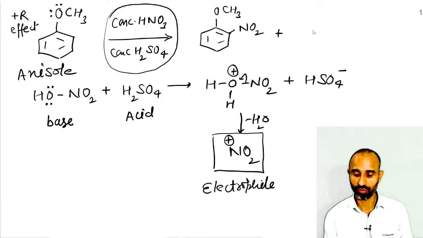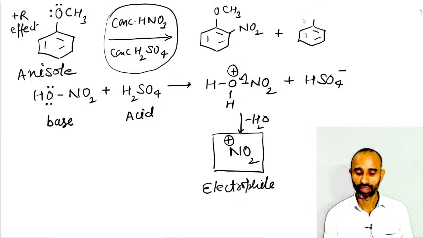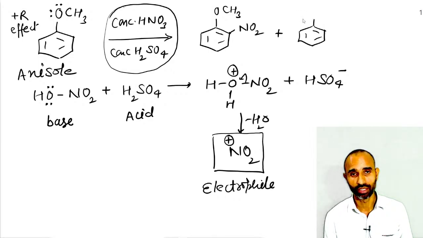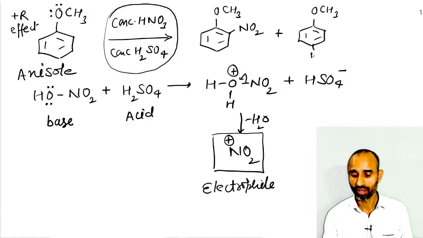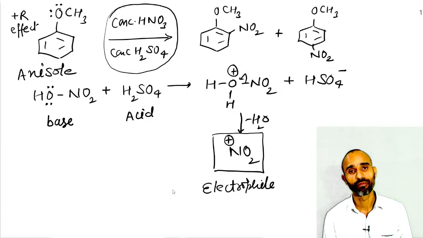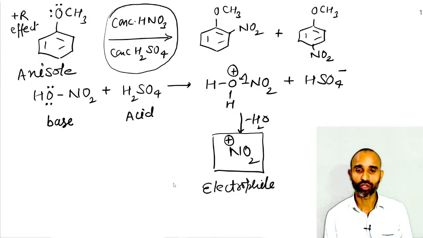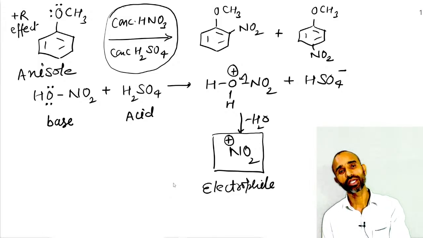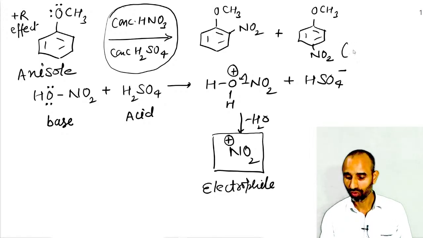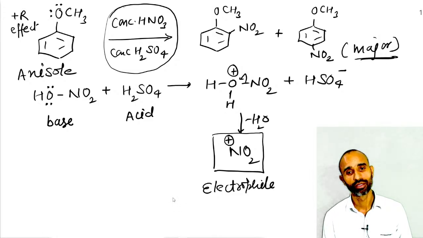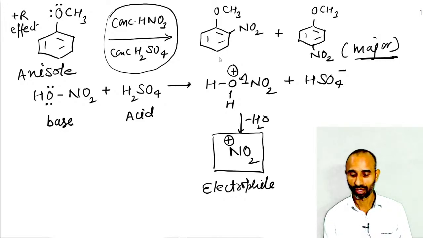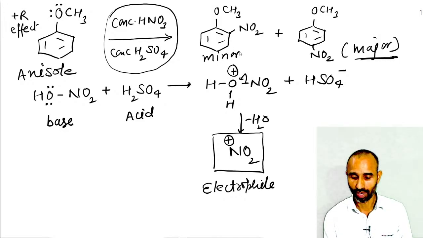Ortho and para position, because that will be directed by the plus R effect of OCH3. Any group which has a plus R effect will direct the electrophile at ortho and para position. So we will get ortho nitroanisole and para nitroanisole, out of which para, being symmetrical and sterically less hindered, is the major product, and ortho is the minor product.